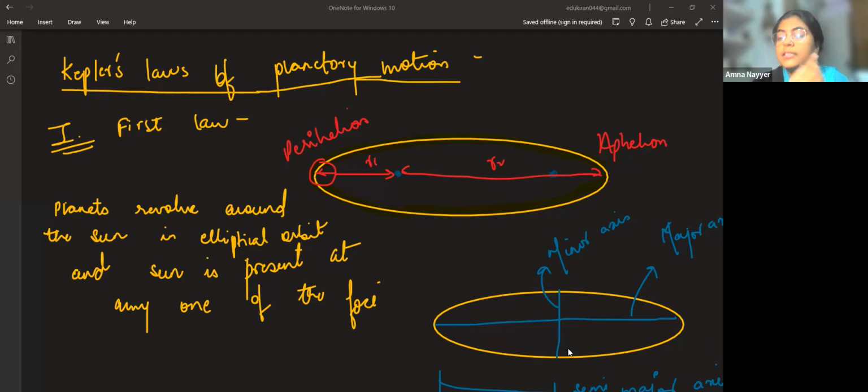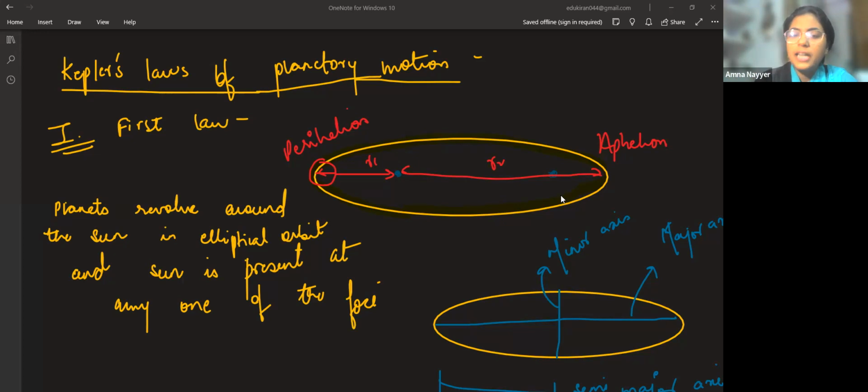Now half of the major axis, like the radius, is called the semi-major axis. Similarly, half of the minor axis is the semi-minor axis, which acts like a radius. Now, two foci will also be there. Like the center is the focus in a circle, but here two foci are present because one cannot be at the center.